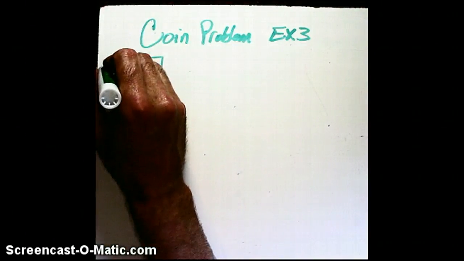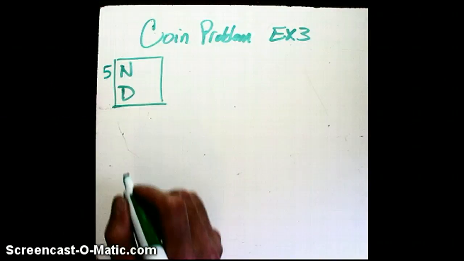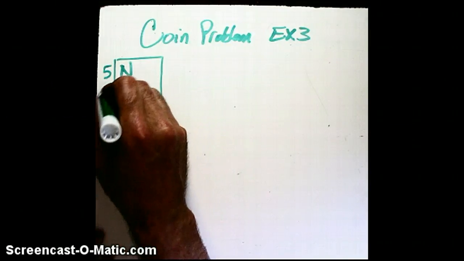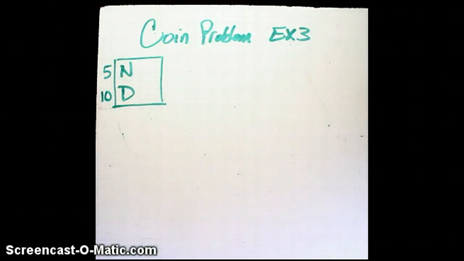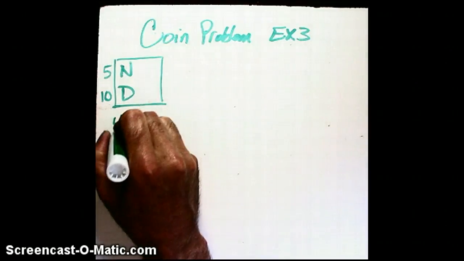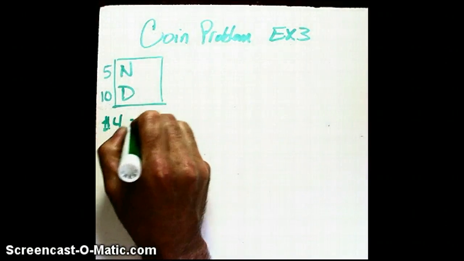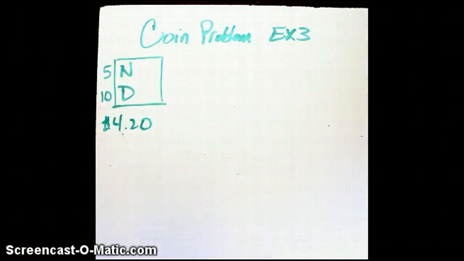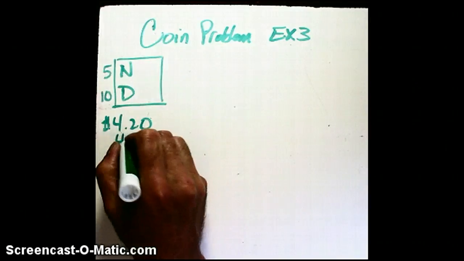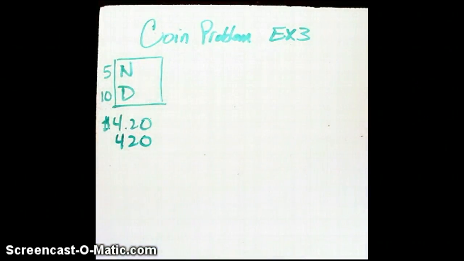Now hold the phone for a second. A nickel is 5 cents and a dime is 10 cents, right? Also, it says we have $4.20. If I exchange that for pennies, wouldn't that be 420 pennies? Okay. So this is what I'm talking about, concentrating and enduring.